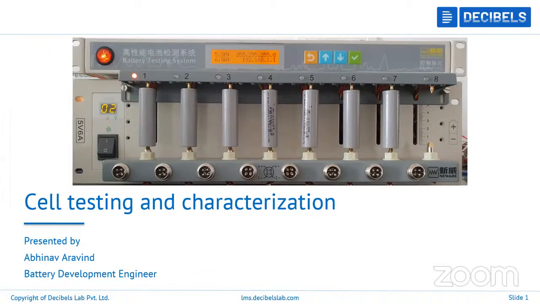In the second day, we covered some basic calculations and parameters and understood how some of the parameters are estimated. In this session, we will look at what cell testing is and what the different cell tests and procedures are that are performed to understand the behavior of batteries and cells.